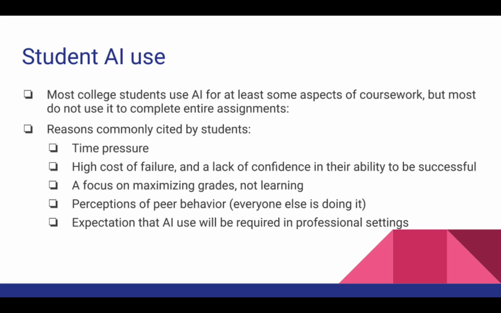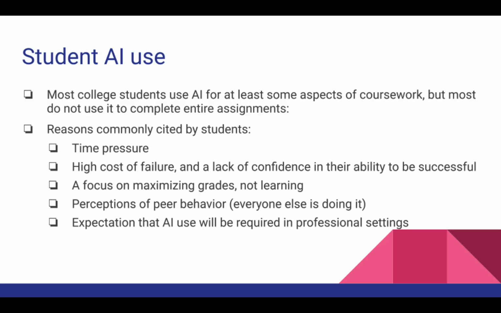Okay, so there are a lot of surveys of student use, and in general, surveys indicate that most college students use AI for at least some aspects of coursework, but most students don't use it to complete entire assignments. It's fairly rare. By fairly rare, I mean estimates are between like 12 and 18% in surveys where students will entirely complete an assignment with reliance on AI.